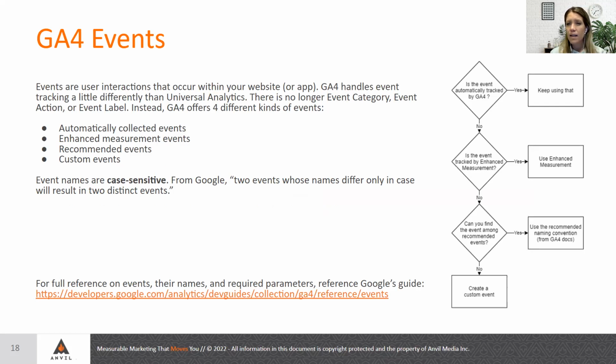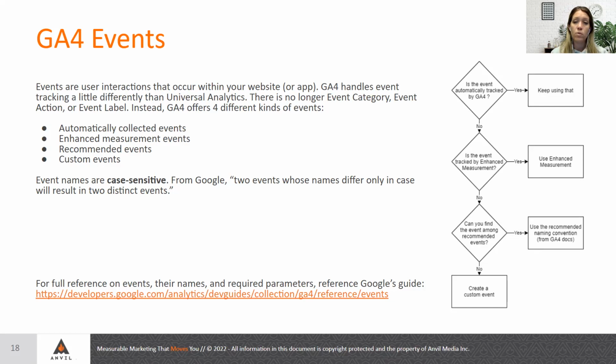And so as you can see on the right-hand side within that infographic, it clearly lays out how you can understand what type of event will be the best for your particular situation. But the most important piece of information in terms of GA4 events is that event names are case sensitive.